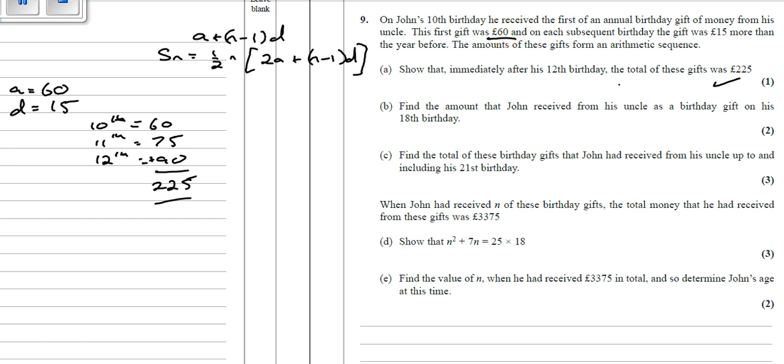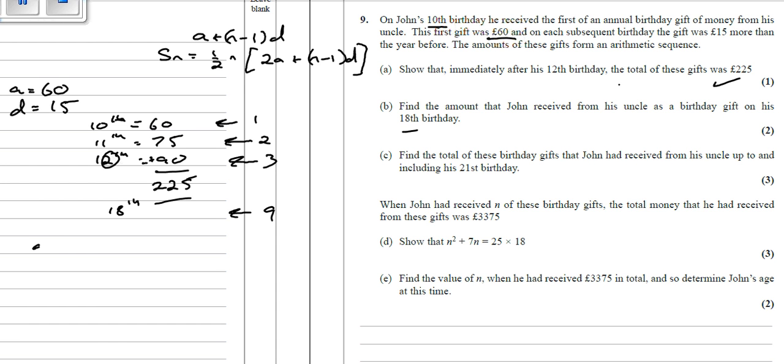Find the amount that John received from his uncle as a birthday gift on his 18th birthday. The trickiest thing about this one is that you see that 10 is the first one, then 18, so you think that n is 8. But the 10th is the first one, 11th is the second one, 12th is the third one, so this number here is one less. So if we've got the 18th, n is 9, so it's the 9th one.